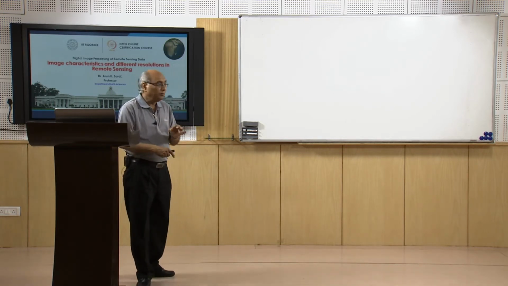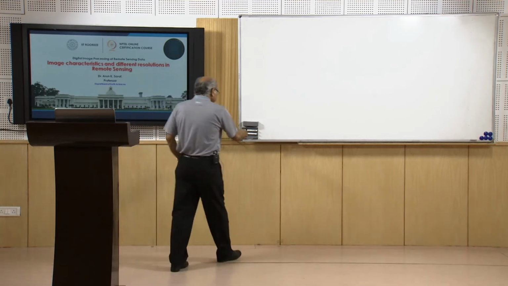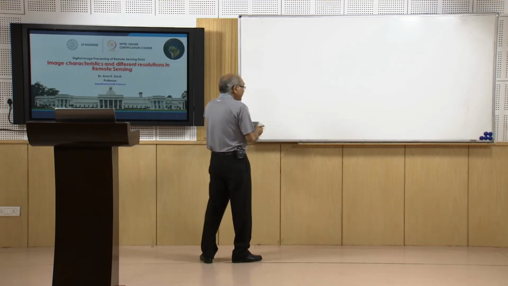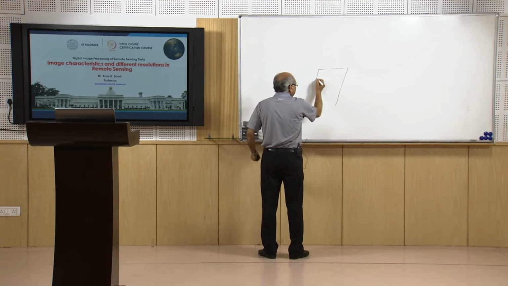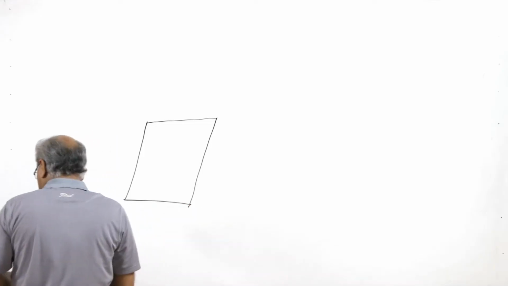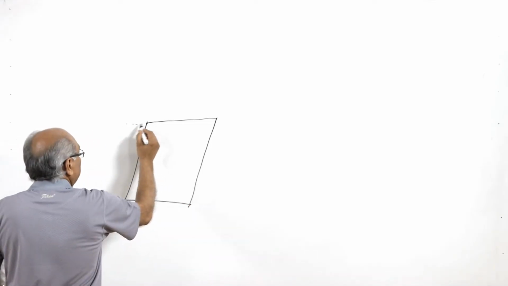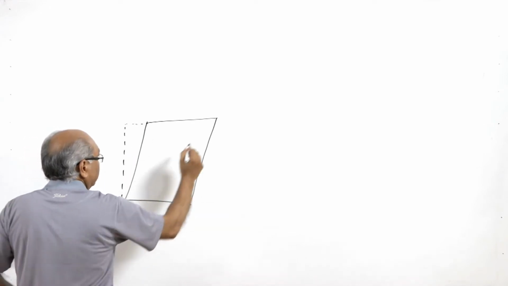That means a pixel will represent a square part of the land. Let me show you one example here. If you see a raw satellite image, you would find that it has an appearance like this.